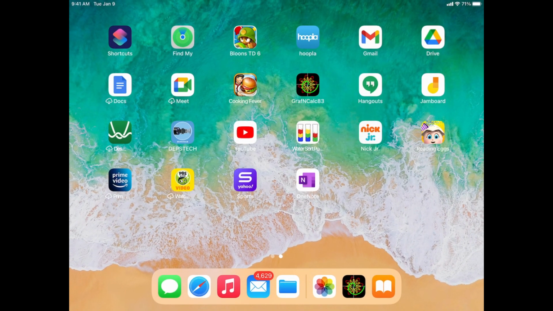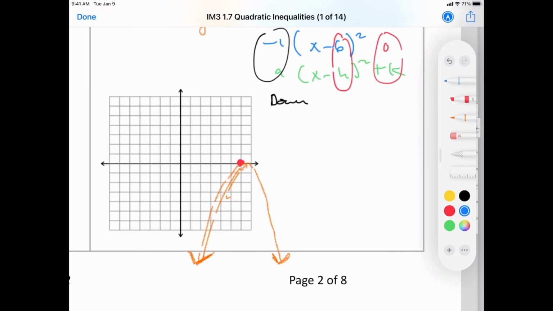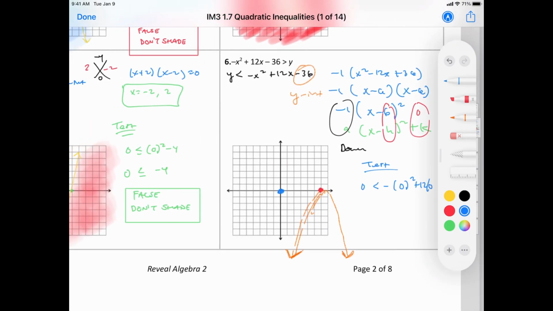Okay, let's test this now. So I'm going to put in the origin. I'm using the original.